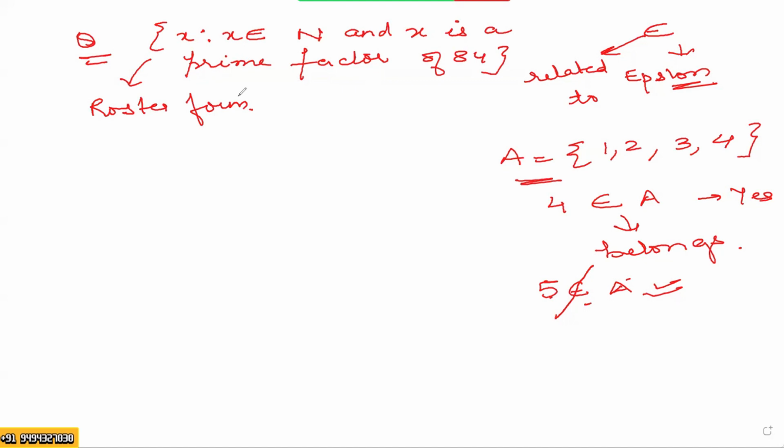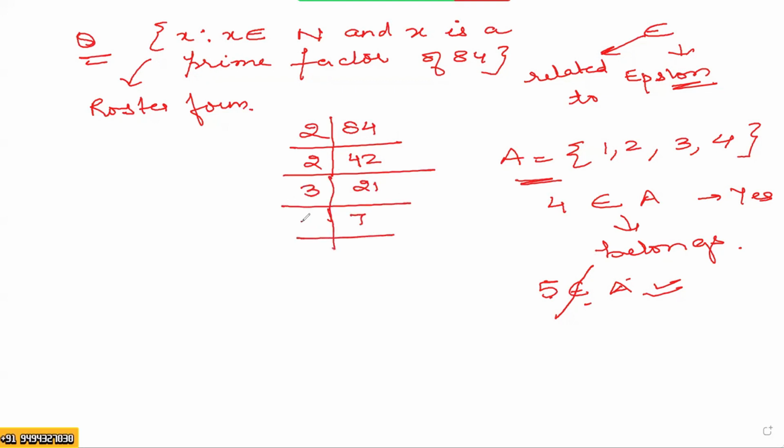You factorize 84. First of all, make factors of 84. Divide by 2, then it will be 42. Again divide by 2, then it will be 21. Then divide by 3, then it will be 7. 7 ones are 7. Clear? Now you will write it in roster form.